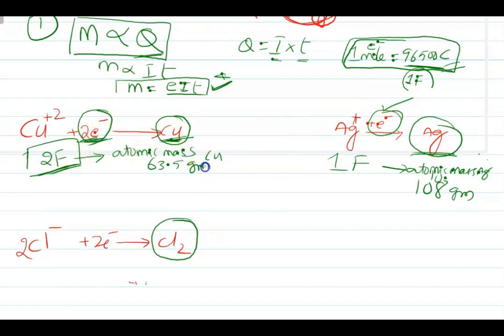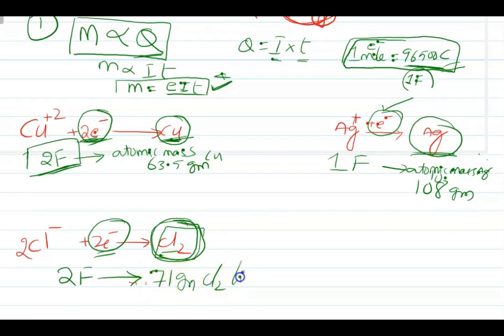Those many Faradays are required to deposit this much. For chlorine, how many Faradays are required? 2 electrons, therefore 2 Faradays are required. It is not forming an atom, it is forming a molecule, right? So you should take the molecular formula. 35.5 is the atomic mass of chlorine, so for the molecule, the molecular mass is 71 grams of chlorine to get liberated, which needs 2 Faradays.